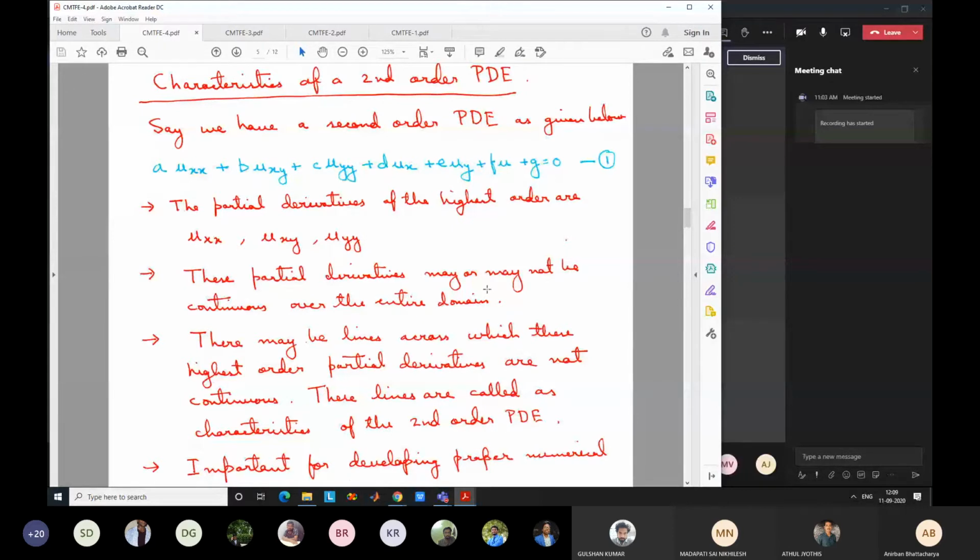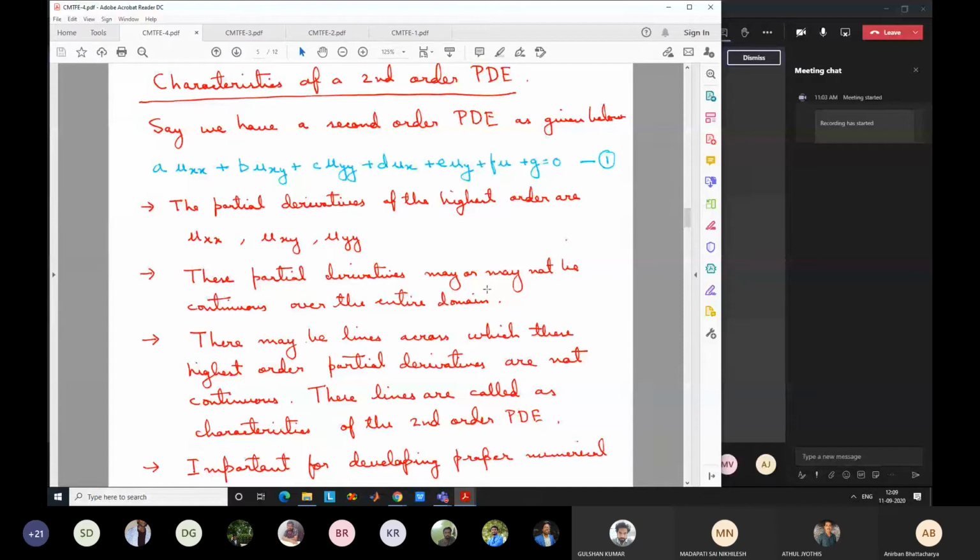So the domain may be that x is varying from 0 to 100 meter and y is varying from 0 to 100 meter, or x is varying from 0 to 100 meter and time is varying from 0 to 100 second. Over this domain, the partial derivatives of the highest order may or may not be continuous. It may be entirely continuous over the domain, or there may be some discontinuity.